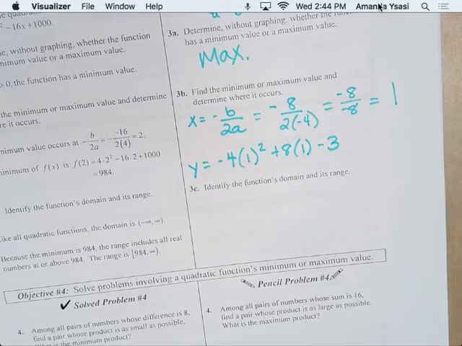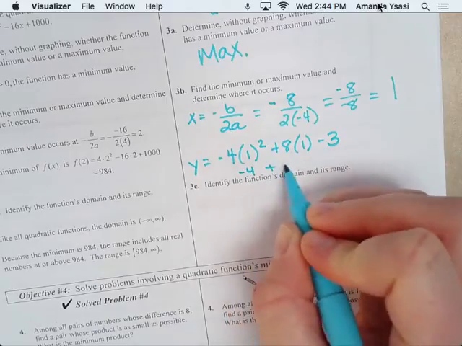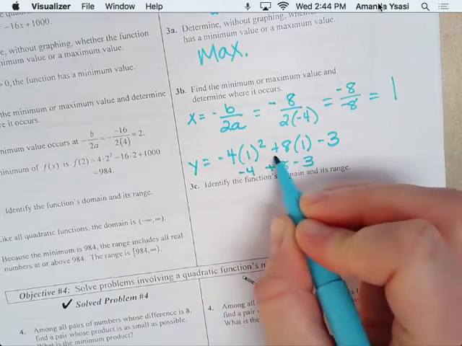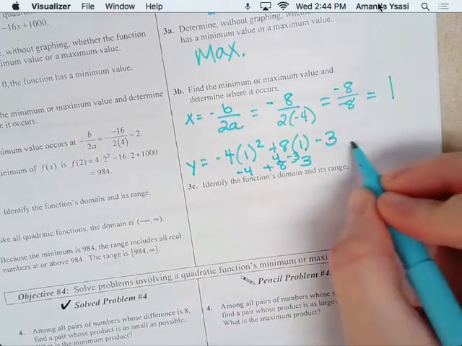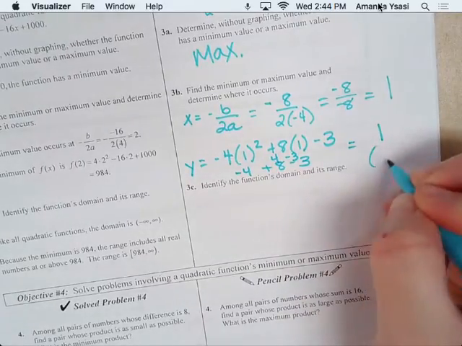And what does that come out to equal? Was it 1? So our vertex is at 1, 1.